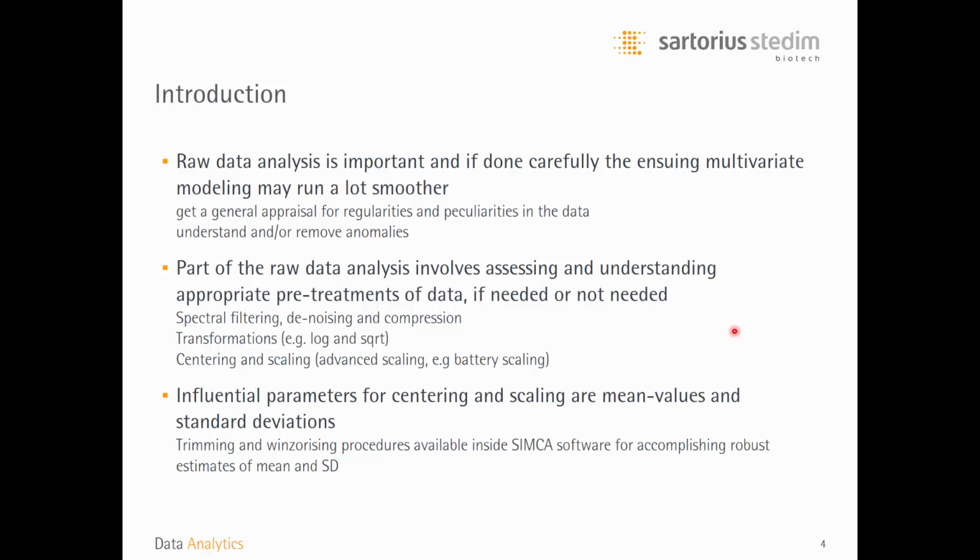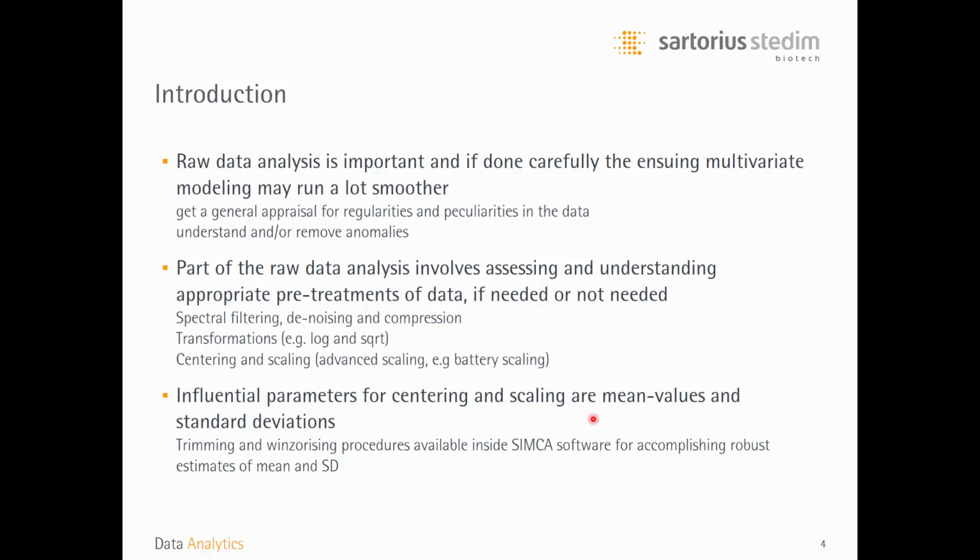Some of the most often used pre-processing steps involve spectral filtering, denoising, and compression; transformation, using, for instance, the logarithmic transformation or perhaps the square root transformation; and centering and scaling. Regarding centering and scaling, there are also advanced extensions, for instance, advanced scaling and batch scaling. In this presentation, we're going to zoom in particularly on centering and scaling and some of the options that are available in the SIMCA software.